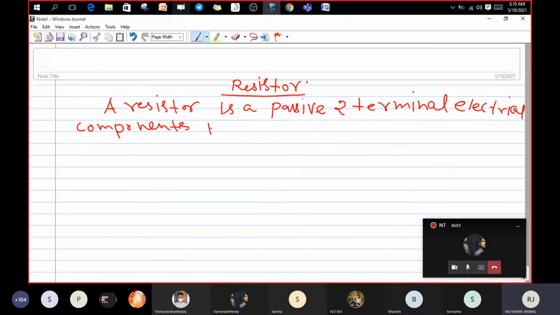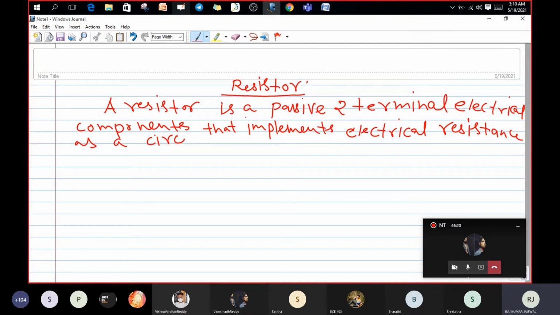that implements electrical resistance as a circuit element.